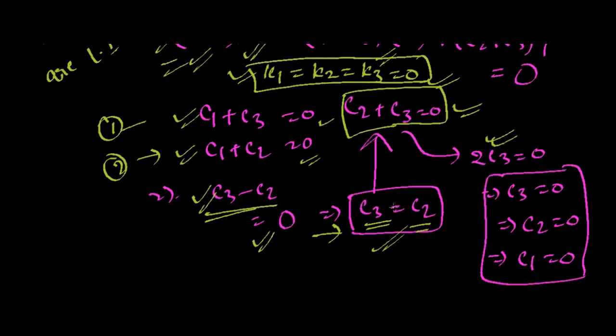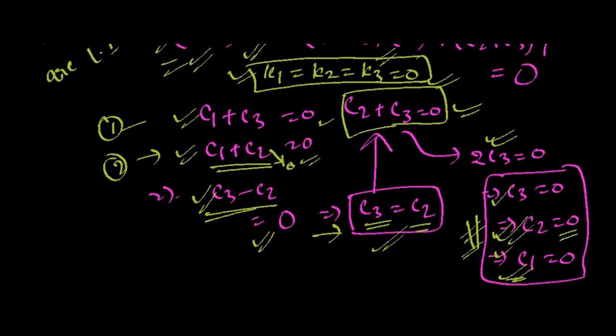If C3 equals C2 and C3 equals 0, then obviously C2 will be 0. And from equation 2, when C2 equals 0, then C1 equals 0. So we got C1 equals 0, C2 equals 0, and C3 equals 0, and this is the only solution.